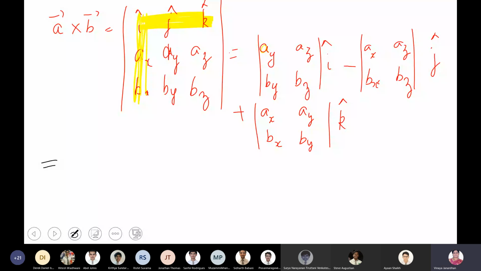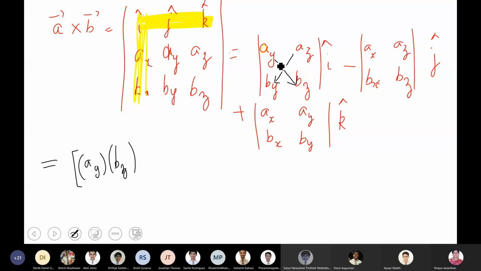Now, once you have copied down, I have to teach you how to find the coefficients of I cap, J cap, and K cap. This is the method of finding, because I'm putting an arrowhead. You have to multiply in such a way that the left quantity comes first. So I can write AY into BZ.